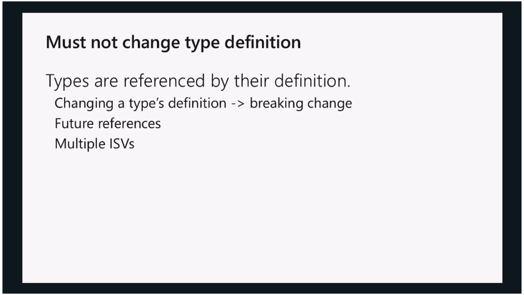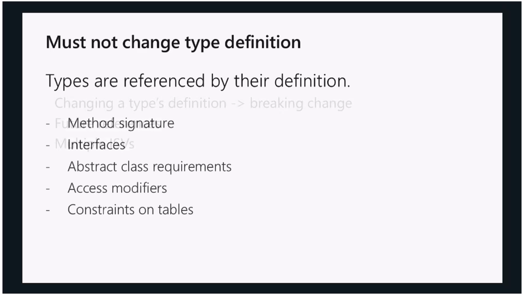As such, we have to keep types, and what represents a type, consistent. So as I was saying, what determines a type for either a class or a form are all these things: method signatures, their interfaces, the abstract class requirements against them, the access modifiers of the methods themselves, and even constraints on the tables, which is one of the reasons you see us not allowing the index changes on tables.